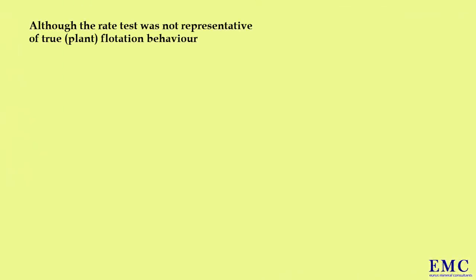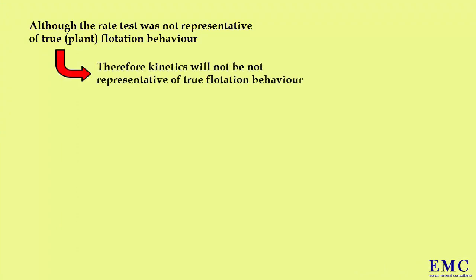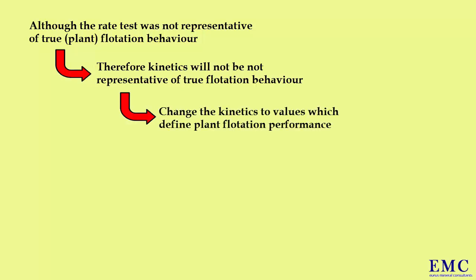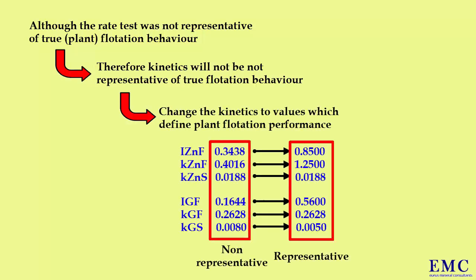What this exercise has shown is that although the original rate test gave poor results and therefore poor kinetics that were not representative of the plant, you can change the kinetics and define what they are so that the simulation represents the plant.